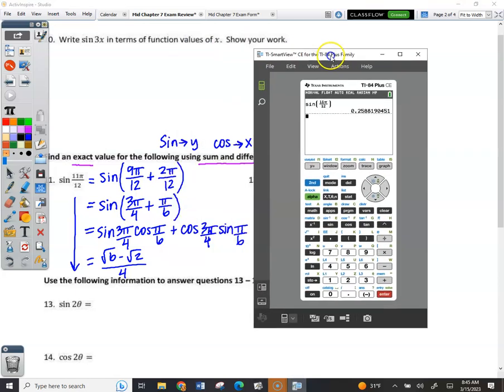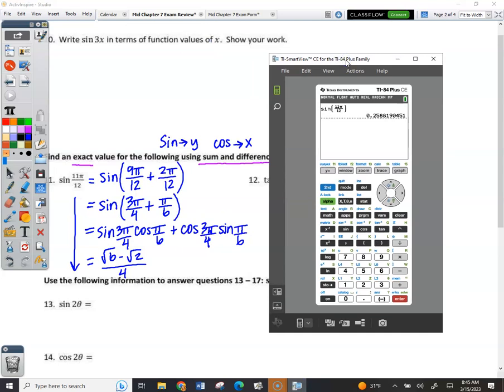But once you finish it, then type just this fraction in your calculator. Square root 6, come out of it, minus square root 2, come out of it, over 4. Notice that it's the exact same decimal, which it should be. That's how you know you did it right.